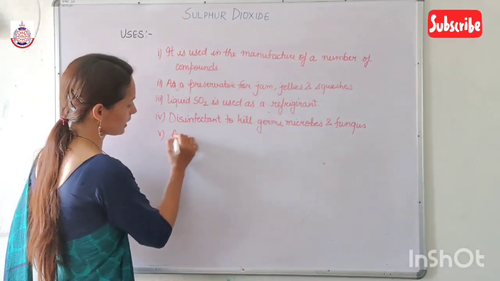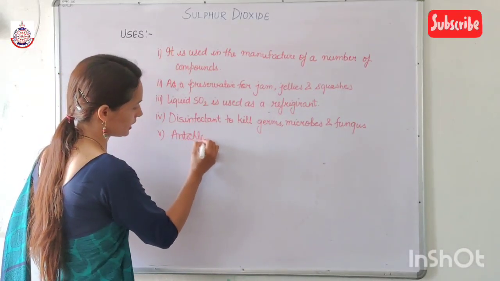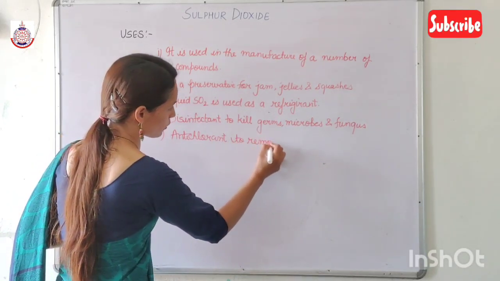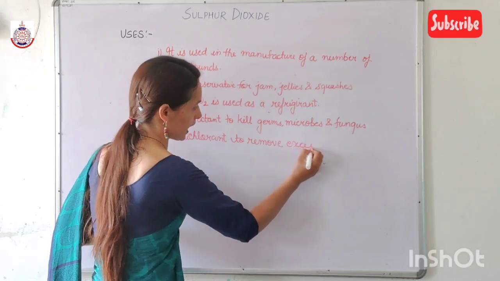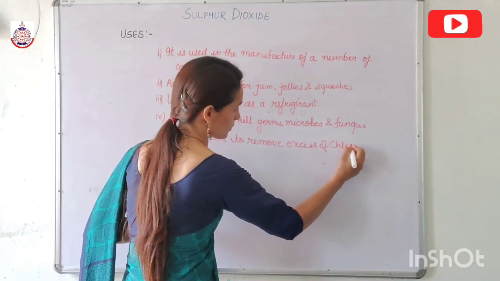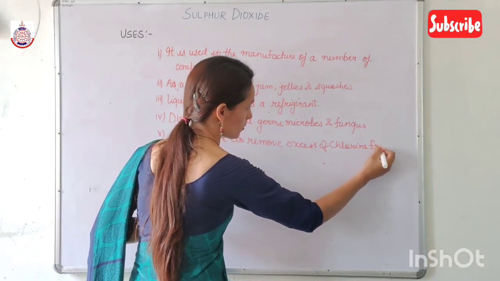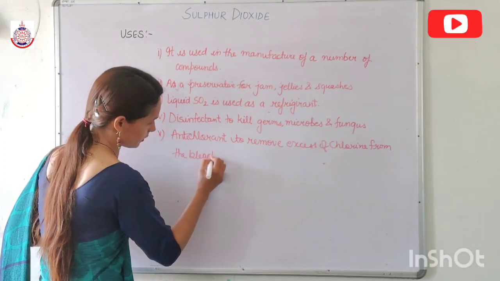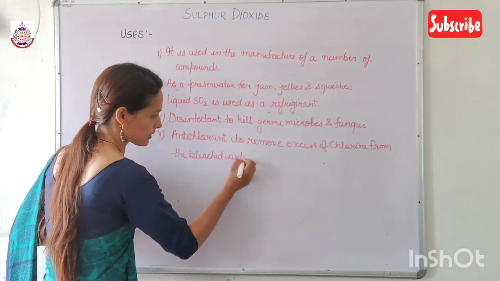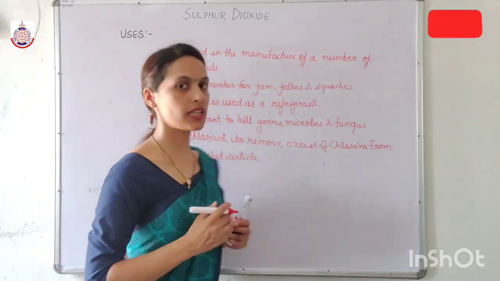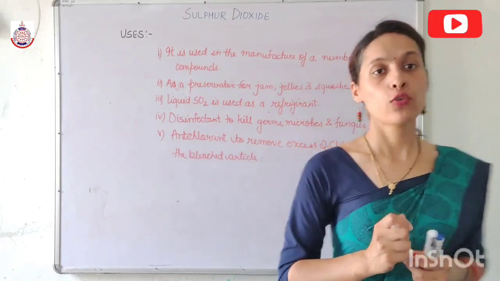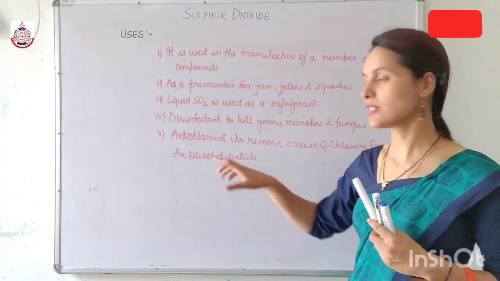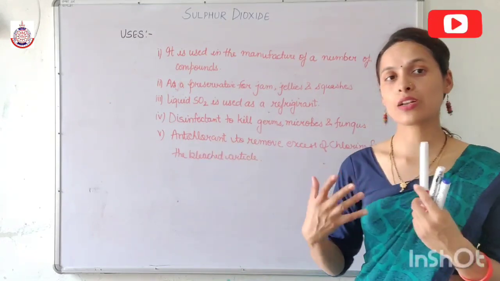Next, it is used as an anti-chlorant to remove excess of chlorine from the bleached articles. If excess of chlorine is present in the bleached article, then with the help of sulfur dioxide, we can remove chlorine from the bleached article.